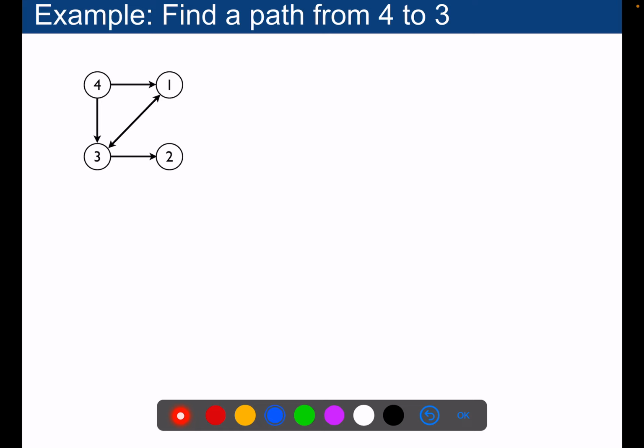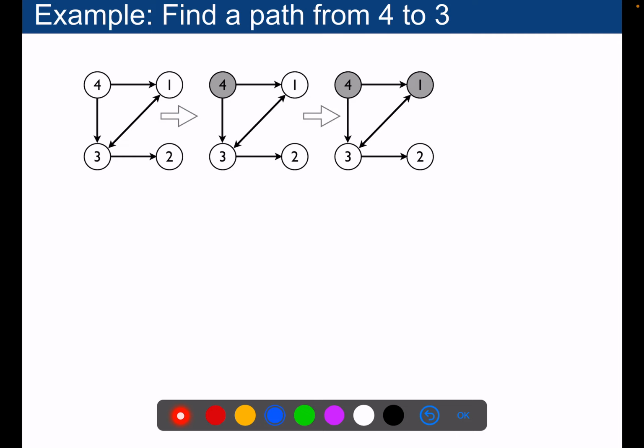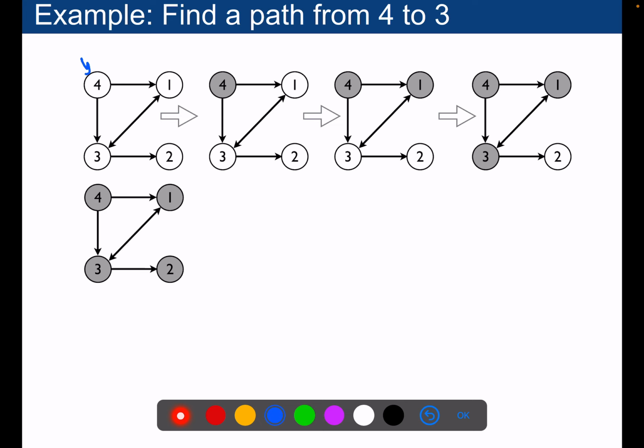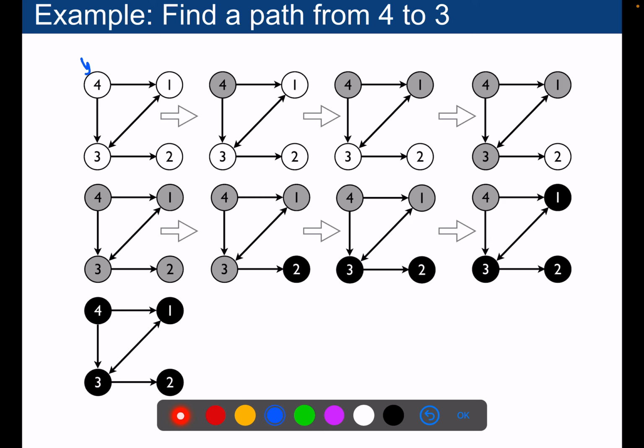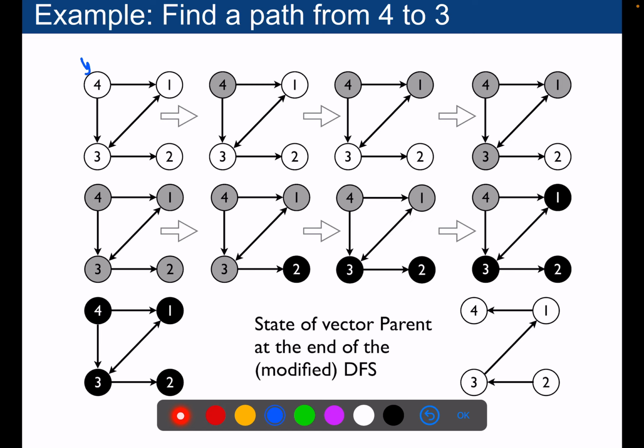So if you are interested in finding a path from 4 to 3, for instance, you start from 4, then you visit 1, then you visit 3, then you visit 2, 2 becomes black, you come back, then 3 becomes black, and you return from there, right? 1 becomes black, and so your forest at the end is this one, okay?